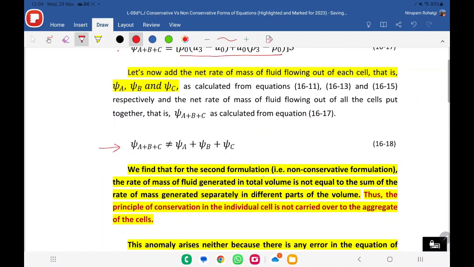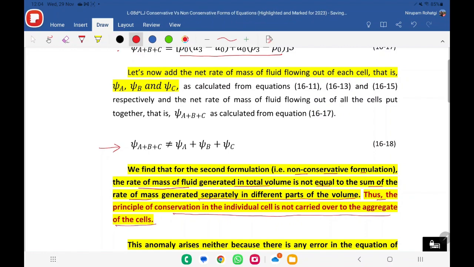We find that in the second formulation, the non-conservative formulation, the rate of mass of fluid generated in the total volume is not equal to the sum of the rate of mass generated separately in different parts of the volume. Okay? Thus, the principle of conservation in the individual cell is not carried over to the aggregate of the cells.